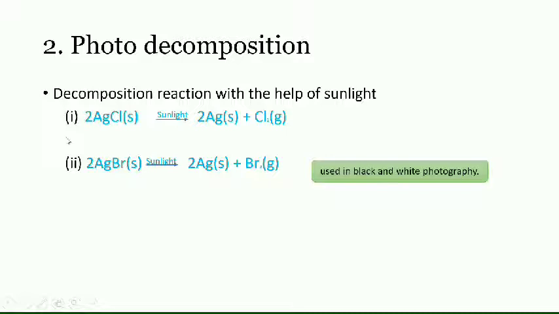The first example is silver chloride, that is AgCl, which under sunlight is broken down into silver and chlorine gas. Similarly, silver bromide, that is AgBr, converts into silver and bromine gas in the presence of sunlight. These two reactions are very essential because they are used in black and white photography.